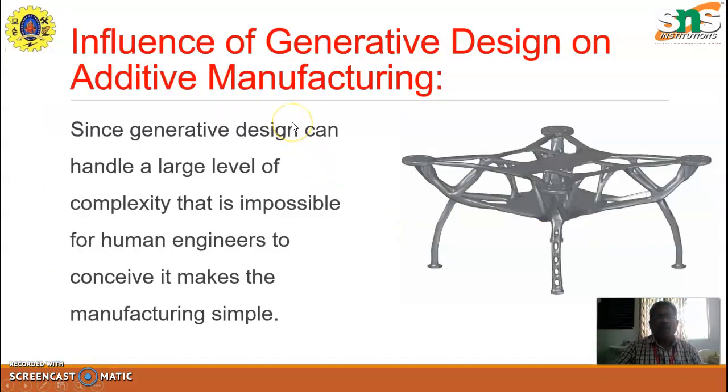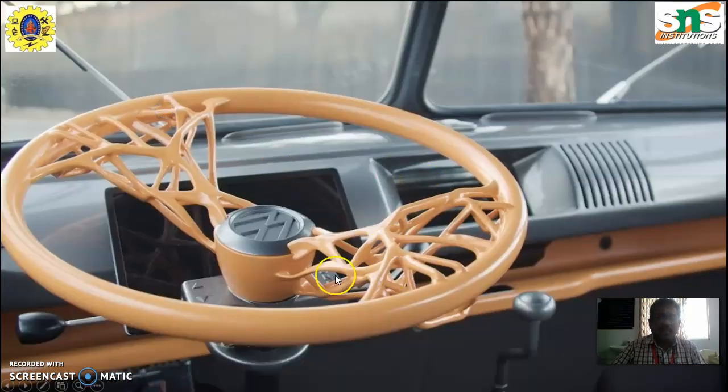How do generative design and additive manufacturing influence each other? Since generative design can handle a level of complexity that is impossible for human engineers to conceive, and additive manufacturing need not worry about the complexity of the part, these two gel together, and it makes manufacturing or prototyping much simpler.